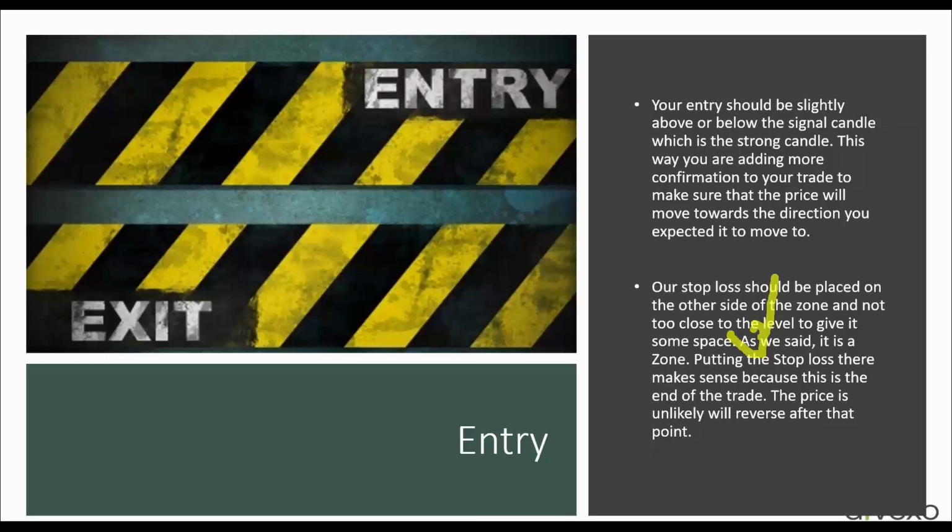This way, you're adding more confirmation to your trade to make sure that the price will move towards the direction you expect it to move. Our stop loss should be placed on the other side of the zone and not too close to the level, to give you some space. Putting the stop loss there makes sense because this is the end of the trade. The price is unlikely to reverse after that point.